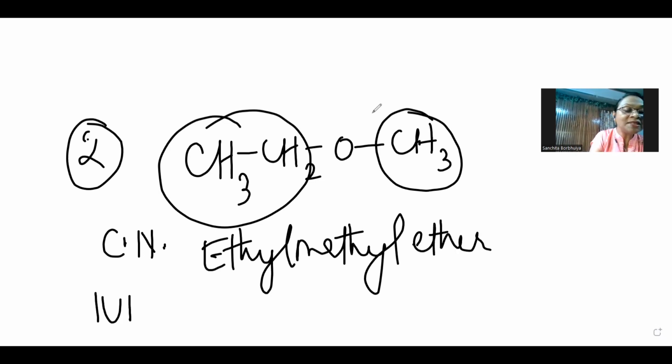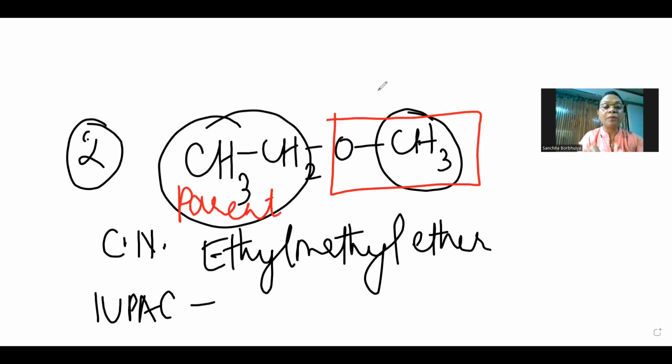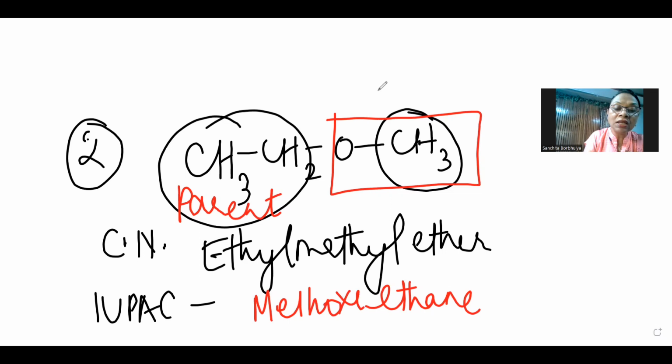The IUPAC name of this compound: by rules, this is the parent because it contains more carbons. So for ethers, the IUPAC name deals with the carbon chain with more carbons being the parent. So the parent is ethane, where one of the hydrogens is replaced with OCH3. This is methoxy, you know that. So this is called methoxy ethane.